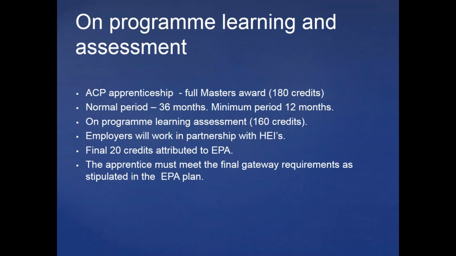So the 160 credits is locally decided to meet employers' requirements, provided that it clearly meets the apprenticeship standard as published. It is only the final 20 credits, as we're provisionally agreeing, subject to conditions, that will be attributed to the EPA, and that is the element that is actually prescribed in terms of what you have to do and what's in that.